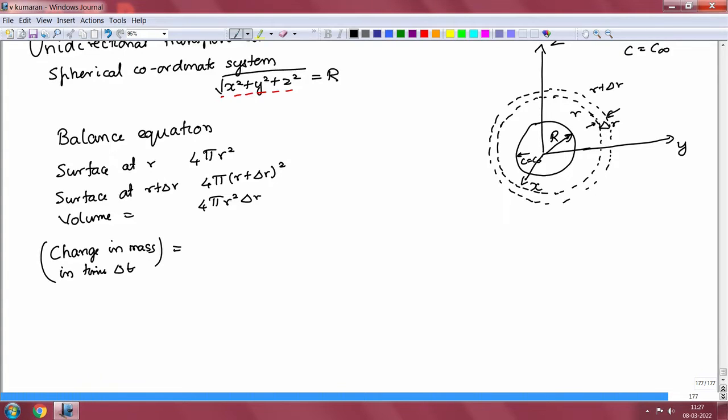Mass is equal to concentration times volume. So, it is going to be equal to the concentration at r, t plus delta t minus the concentration at r, t, times the volume.